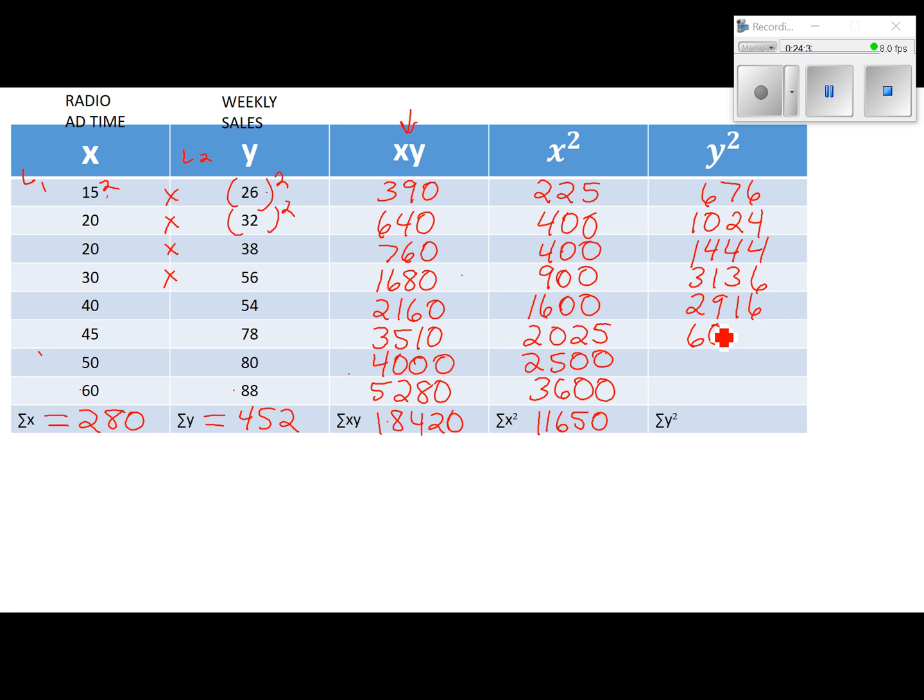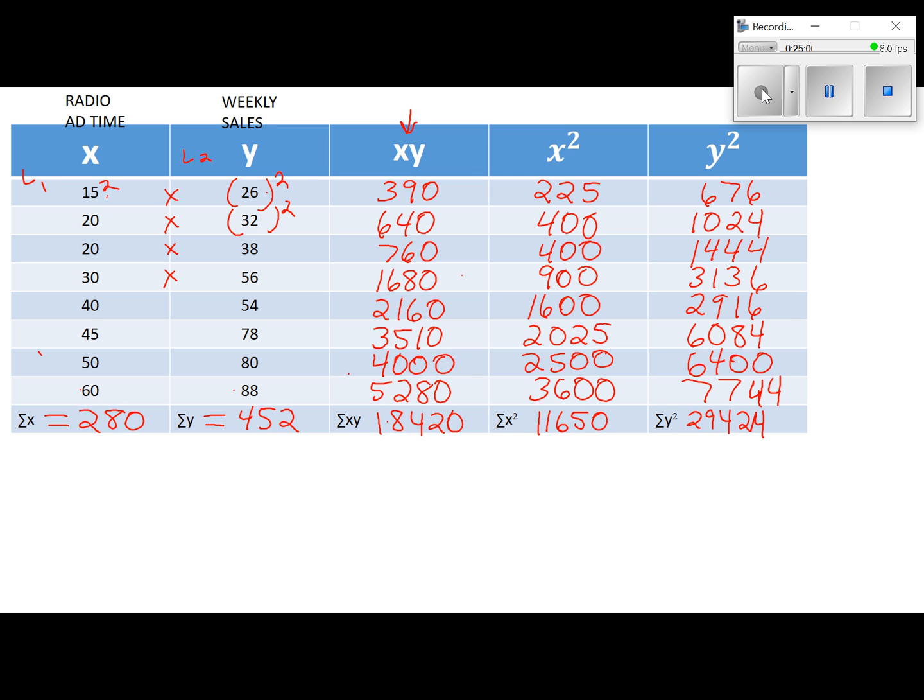Next one, 6,084, and 6,400. And the last one was 7,744. Once I have all those, get your sum down here. When I add them all up, I got 29,424.